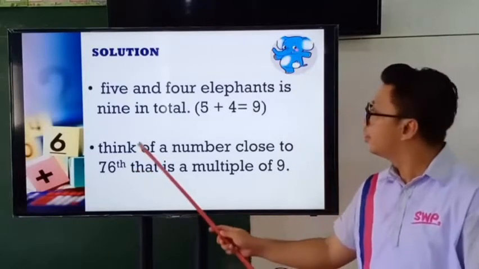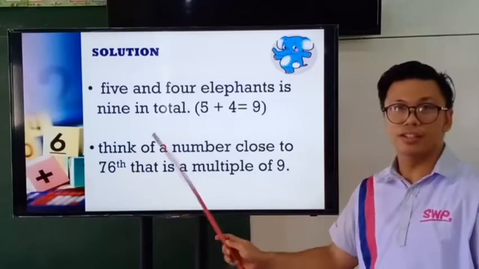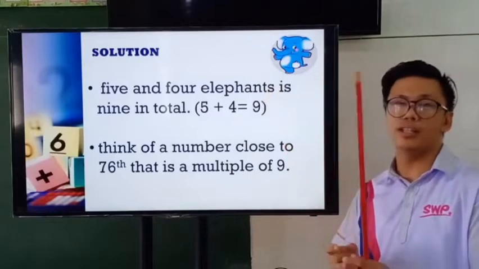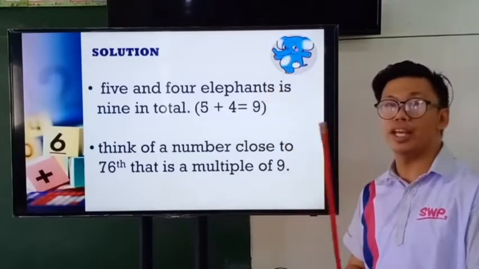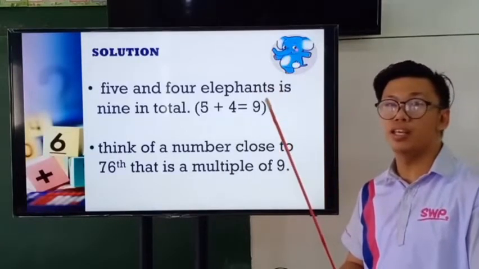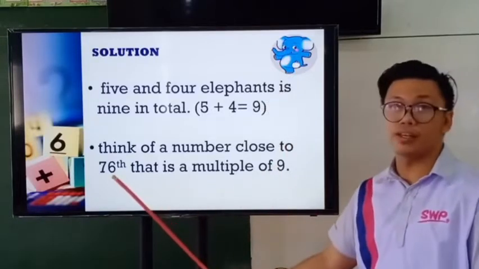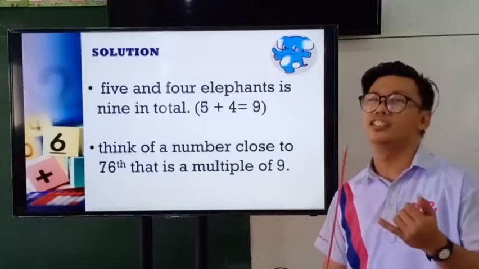Wait, the number is 76. So I said 72. 72 is 9 times 8. So it means the close number to 76 is 72.